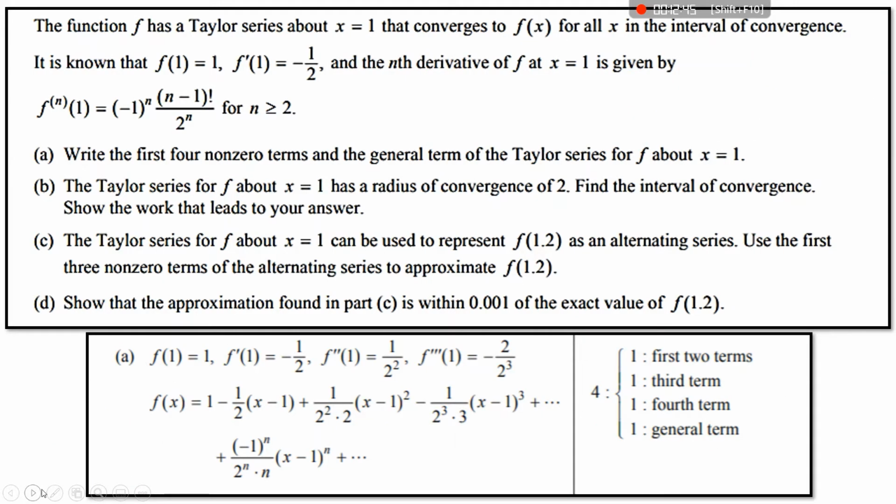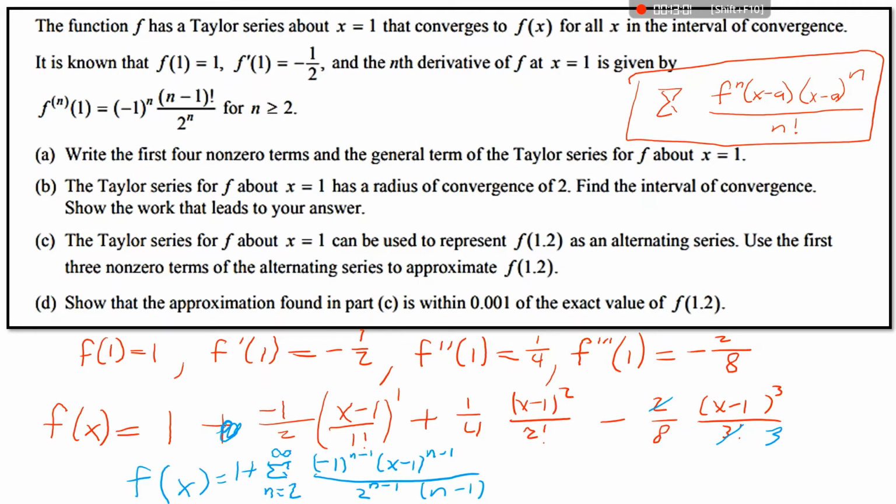We've got our first two terms, we're good. Our third term and fourth term, okay, that's good. Our general term, okay, they kept going for their general term. I actually like what we have better, because our general form goes all the way back to the start. But we should get full credit for that.